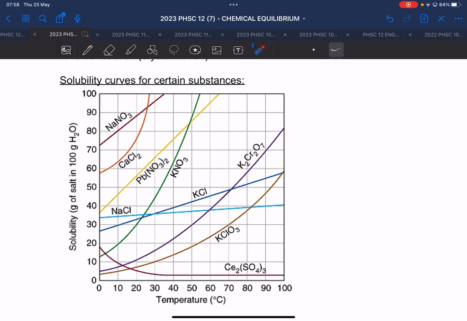Now here we see a table for the solubility of a salt in water versus temperature. Okay, now what conclusion can we draw from temperature versus solubility? For most of them, for everyone except cesium sulfate, the higher the temperature, the better it dissolves. Okay, now I want to know why. Why does it dissolve better when the temperature goes higher?